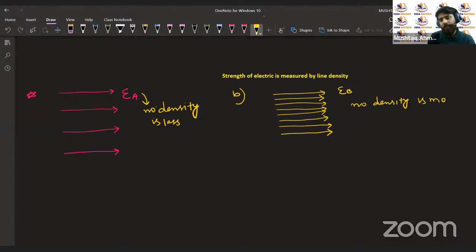In this case, the number density is more. So it means that the electric field at B is going to be greater than the electric field at A. It means that the field at B will be greater than the field at A because the number density of the electric field lines in case second is greater than the number density of electric field lines in case 1.